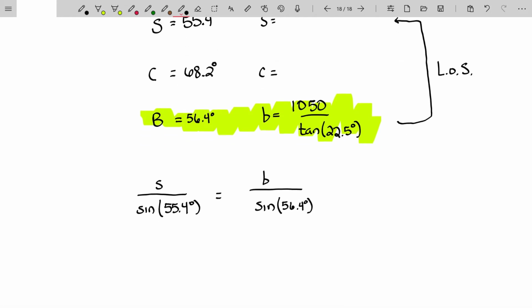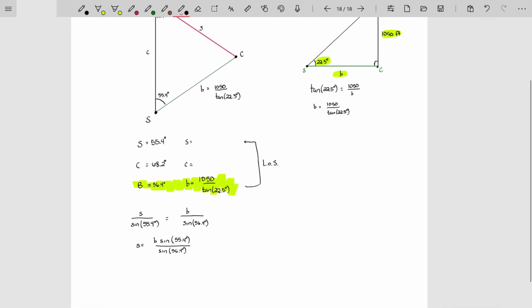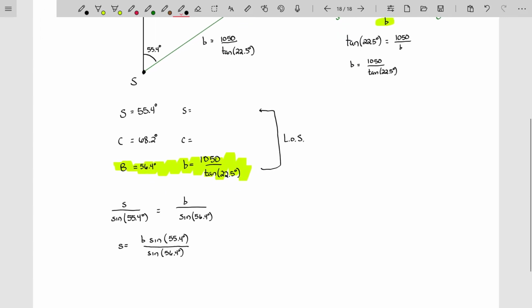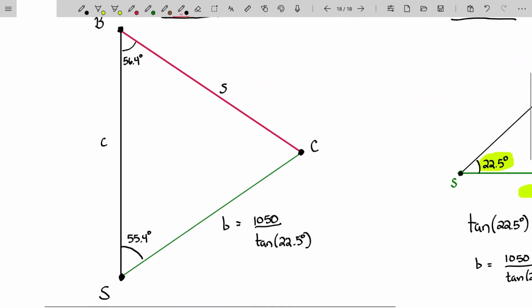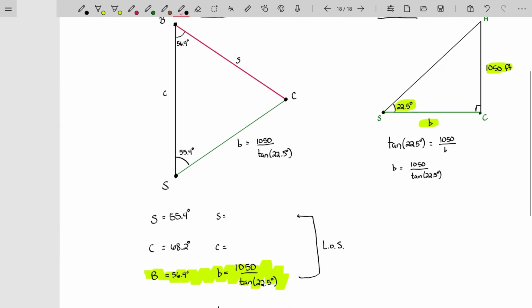Multiply both sides by the sine of 55.4 degrees, and you'll get that the missing side length is B times the sine of 55.4 degrees divided by the sine of 56.4 degrees. From this point forward, I'm not going to have to come back to this page. I'm just going to go over to Desmos and compute, and that will be the end of it, because we're finding out the distance between the boat and the crash site. What is that distance S? So I have no need to come back to this page.